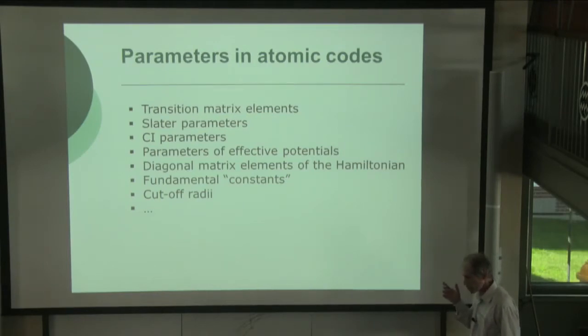Unless you can calculate these Slater integrals analytically, they're not parameters in this sense, because they are ab initio values. You got them from first principles, and that's what you get. But if you try to adjust them in certain ways, then the precision of your calculated data improves drastically.